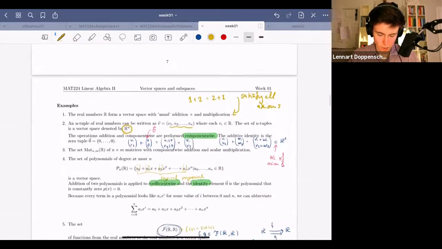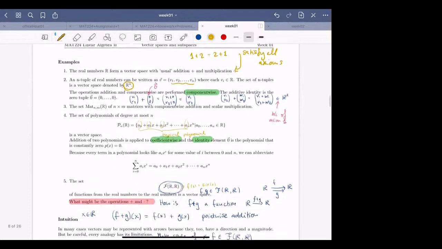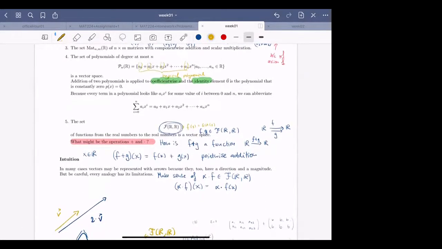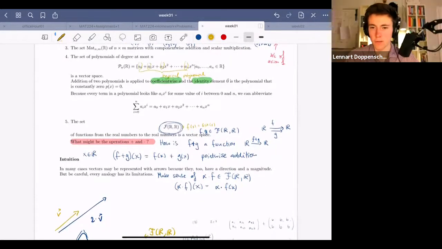Well, this goes back to this slide, I think. If you're looking for the meaning, then I can't help you. There's no real meaning behind this.